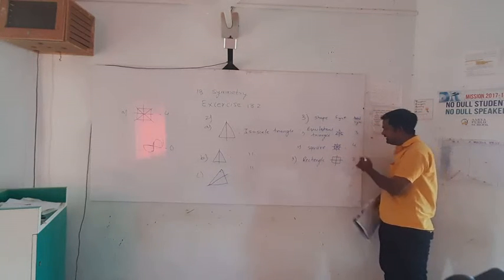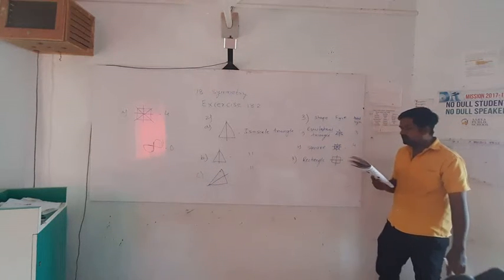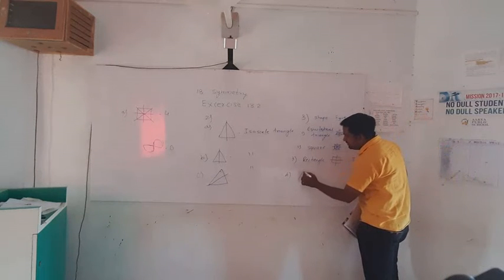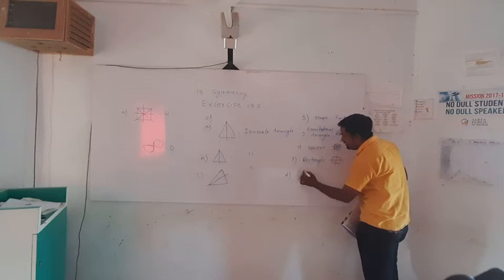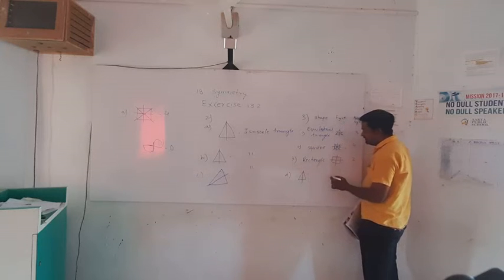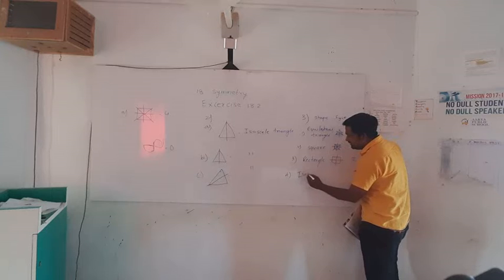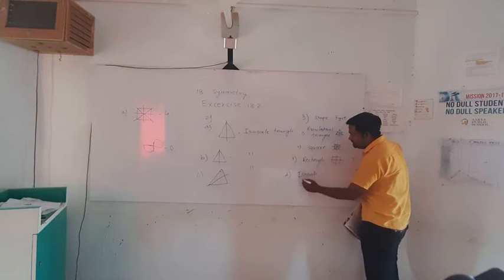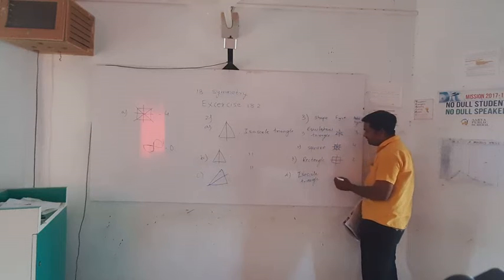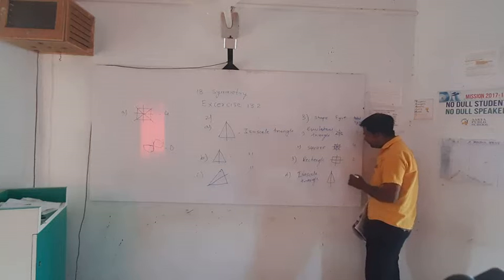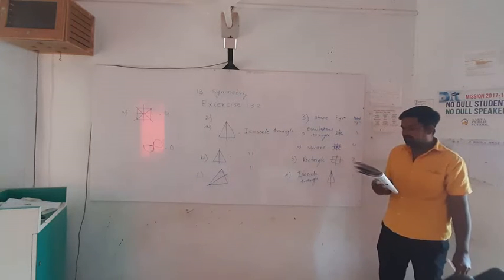Here only 2 lines of symmetry. Then an isosceles triangle is given. So you know that an isosceles triangle has only one line. How many lines of symmetry? Only one line of symmetry.